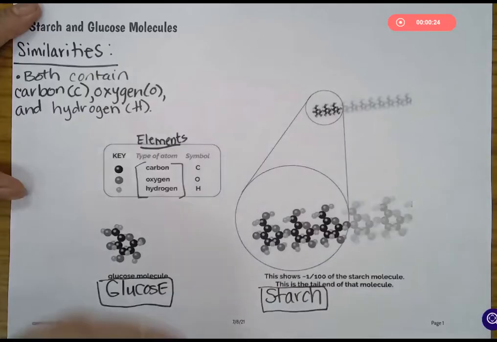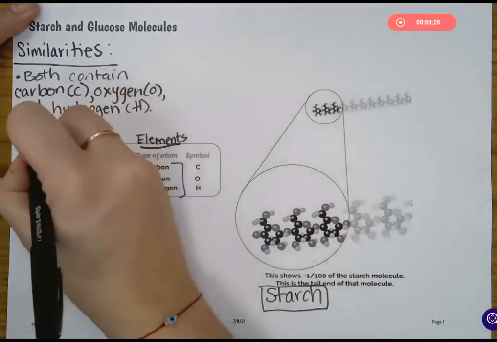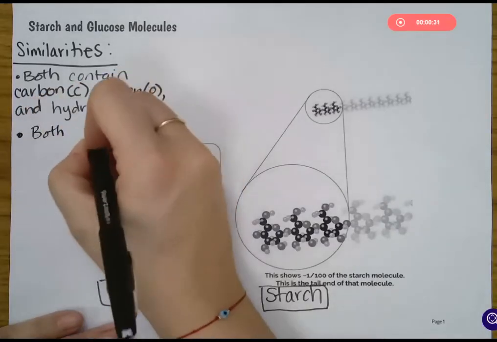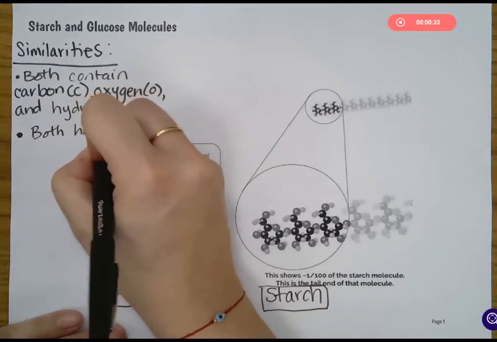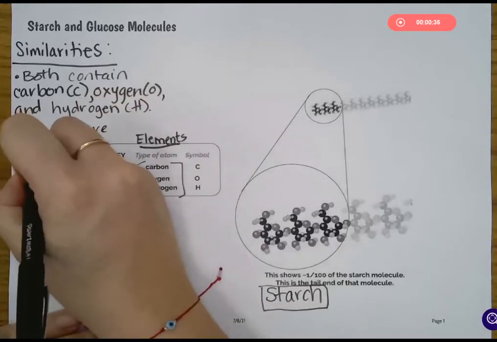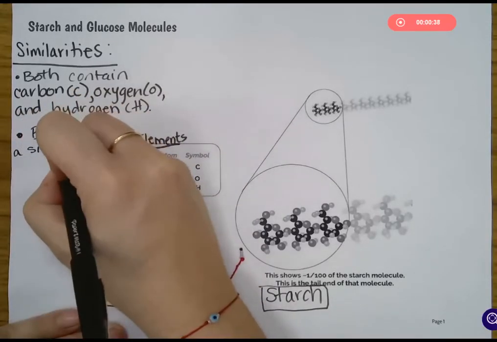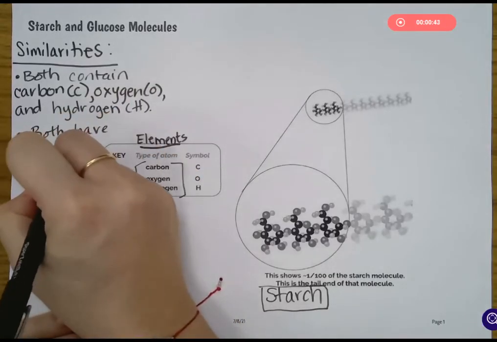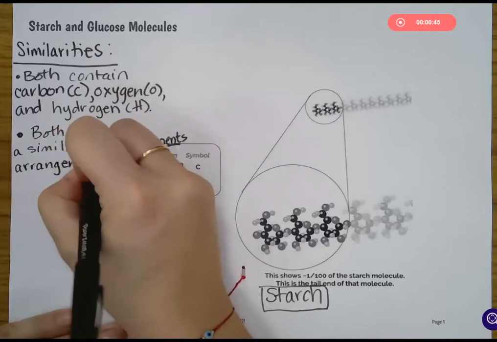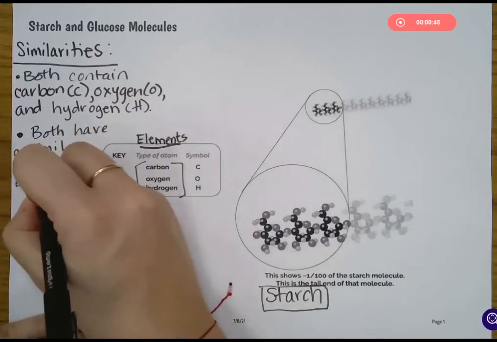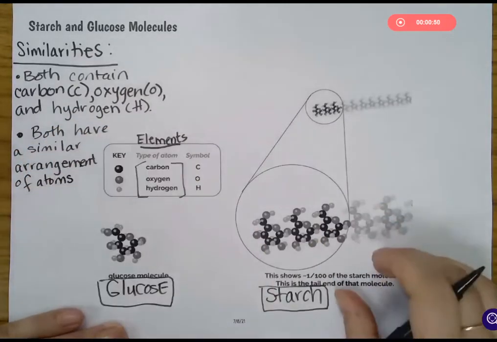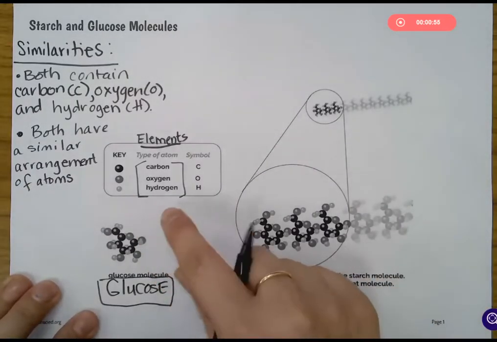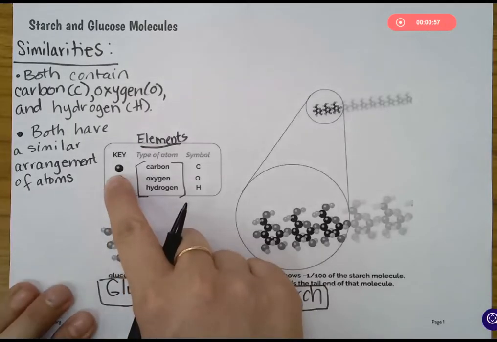All right. Another similarity is that both have a similar arrangement of atoms. What I mean by that is, for example, the carbon. Let's look at our carbons.